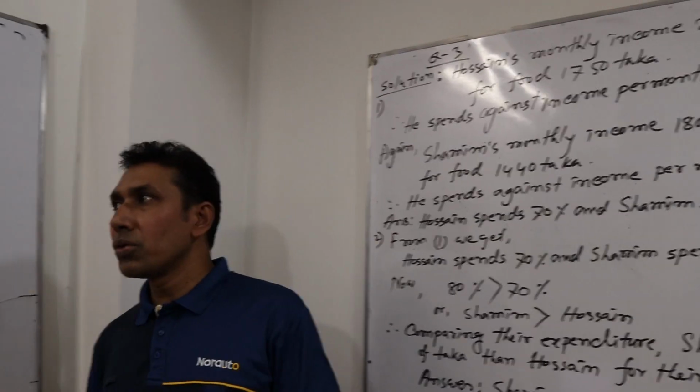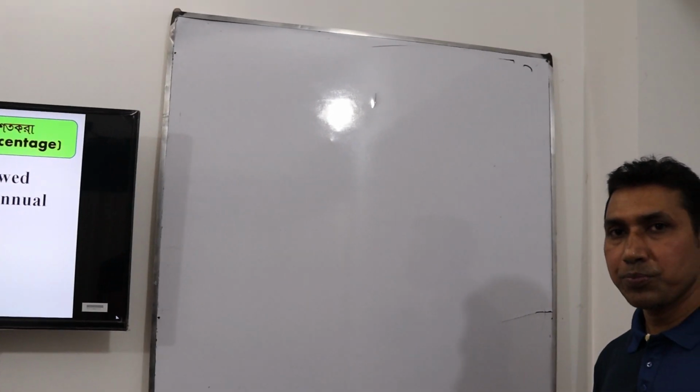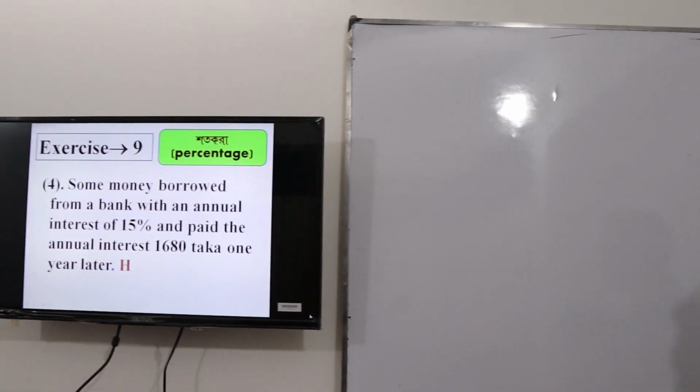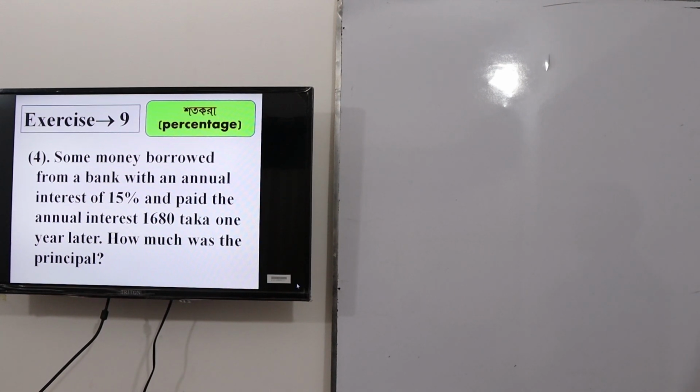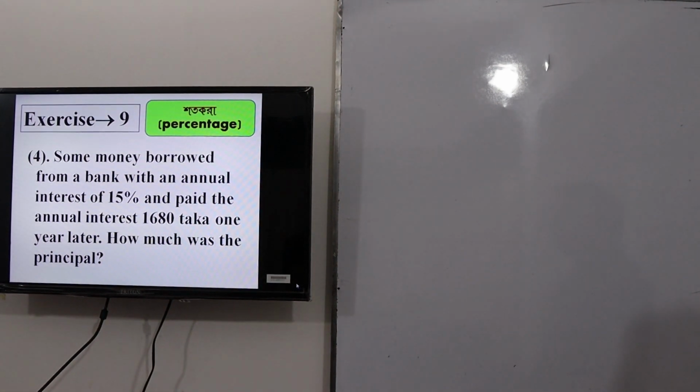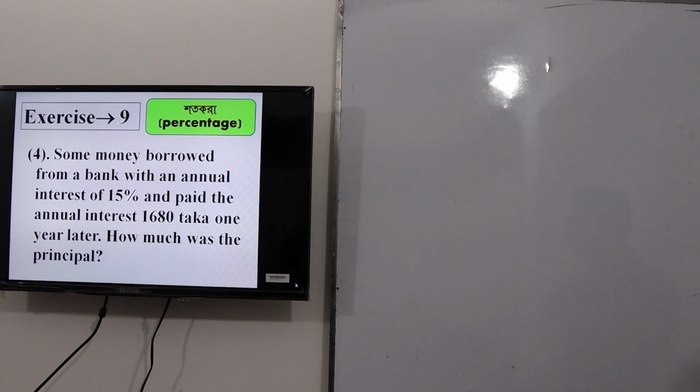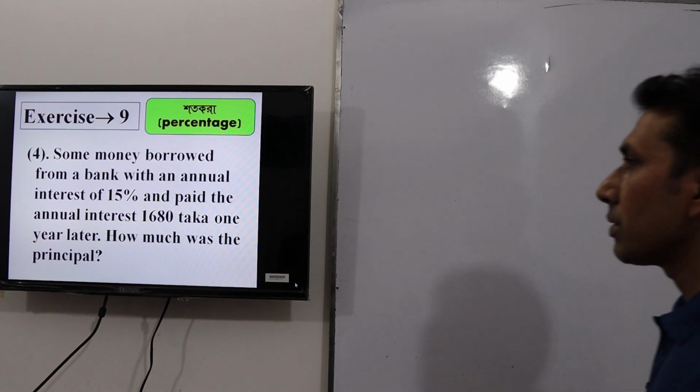And now question number 4: some money was borrowed from a bank with an annual interest rate of 15% and the interest paid one year later was 1680 taka. How much was the principal? First, you have to find out the principal.